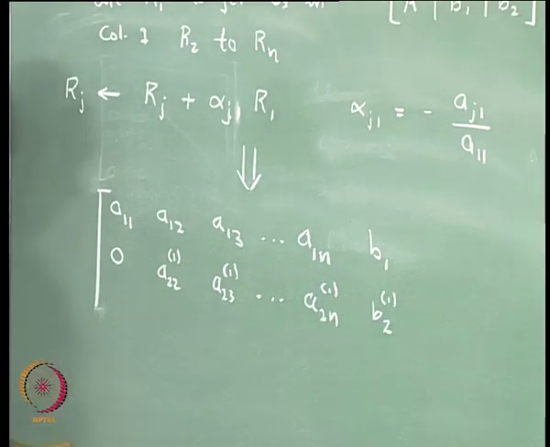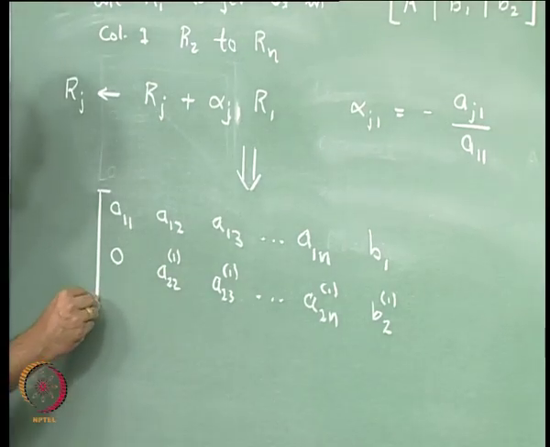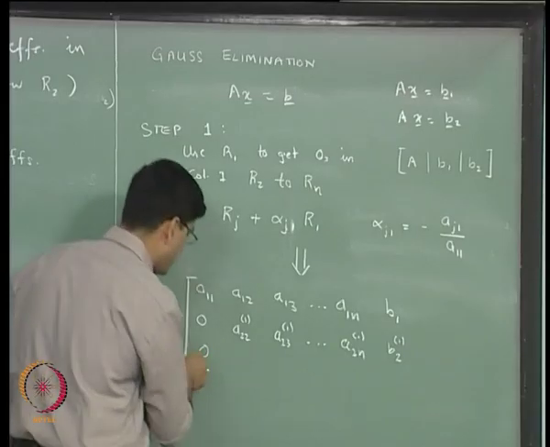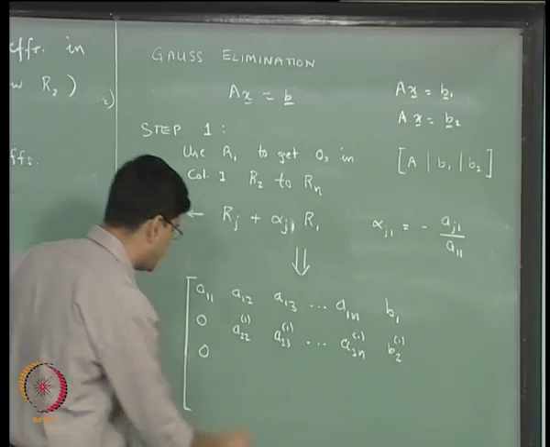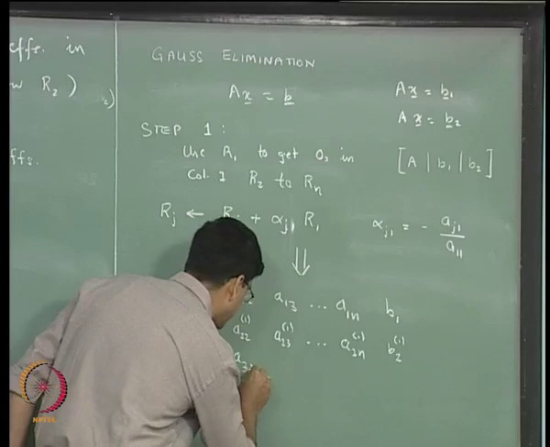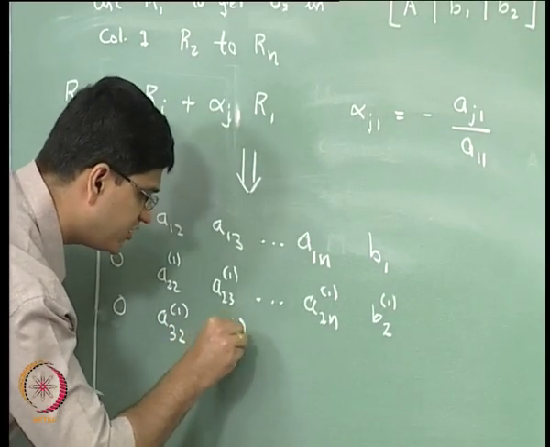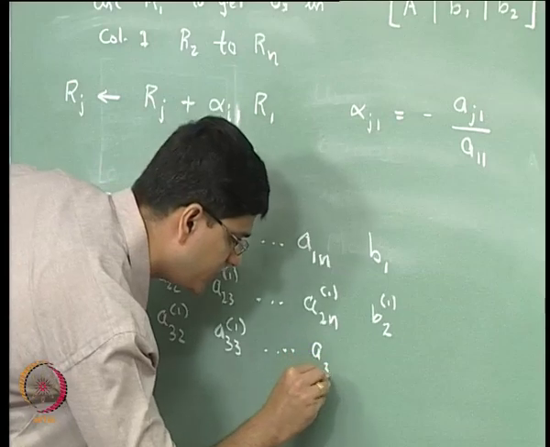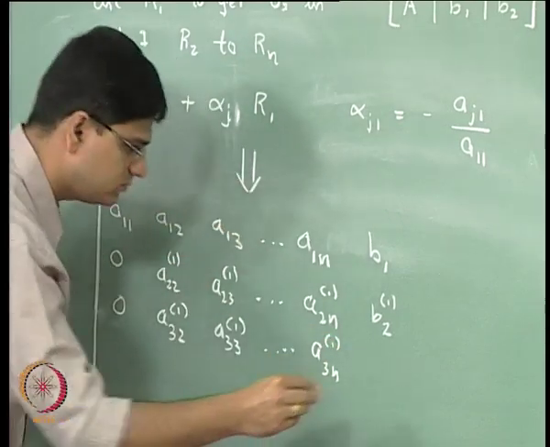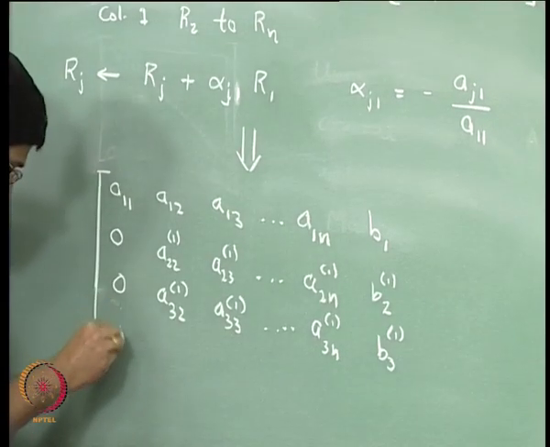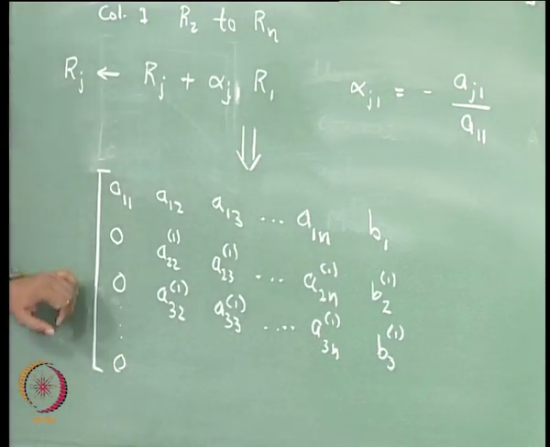Likewise we will change our row 3 or row 4 or row 5 and so on. So we will immediately get 0 over here, we will have a32 after the first operation, a33 after the first operation and so on up to a3n after the first operation and b3 after the first operation, and so on up to the nth row.